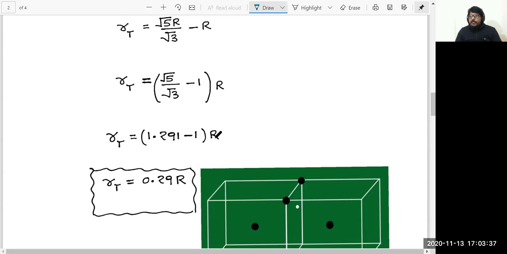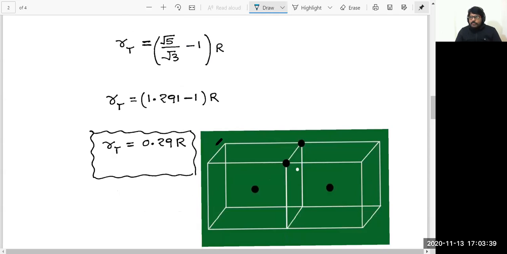The very interesting point here you are going to know is that in case of CCP or HCP, the radius of tetrahedral void, if you can recollect, is equal to 0.225, nearly 22.5 percentage of the radius of the atom which is forming that particular lattice.